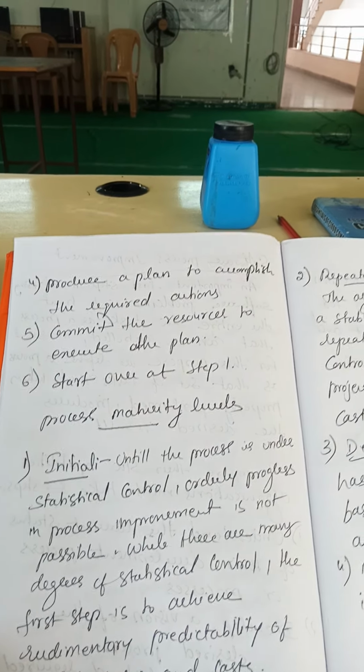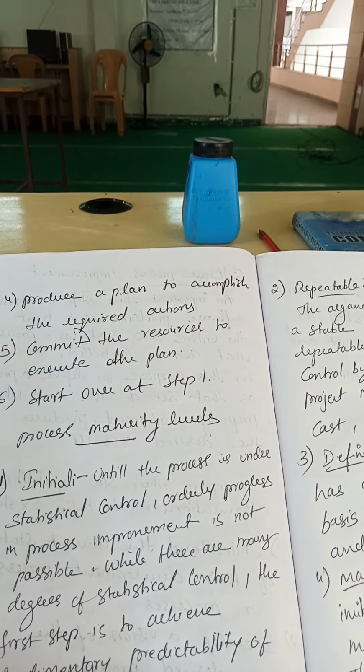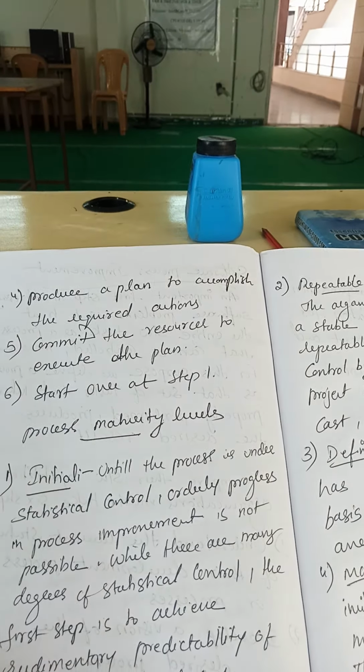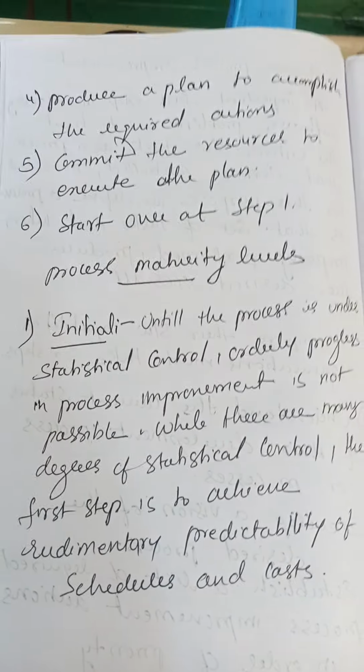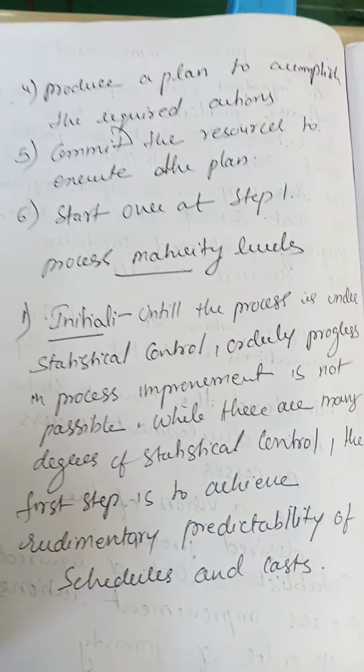Next, commit the resources to execute the plan: bring the resources together to execute that plan. The last step is to start over at step 1. This is the procedure to follow to correct the errors.